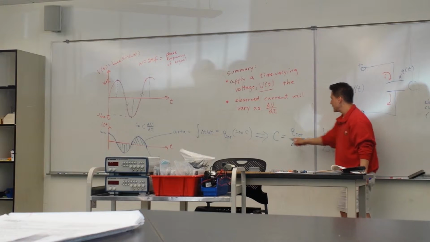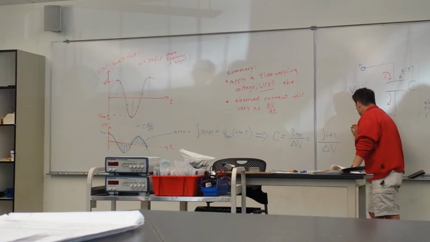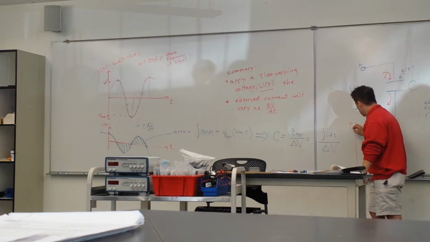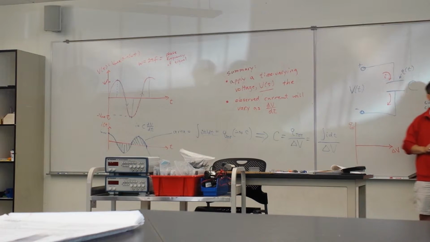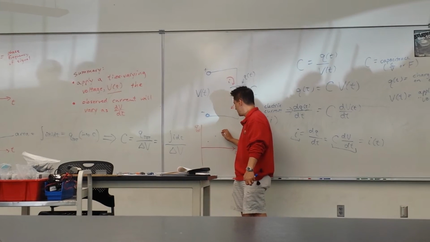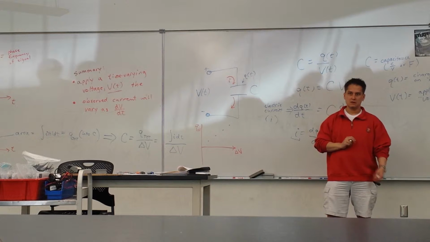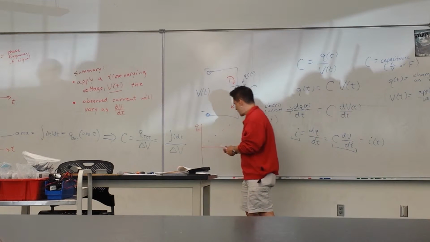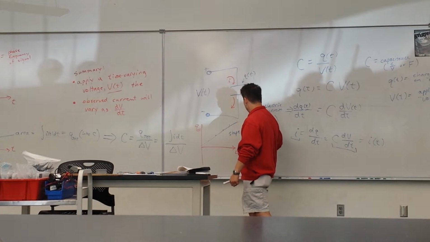To physically calculate C, we're not going to do it with individual points. We're going to graph it and plot Q as a function of delta V. And hopefully, we'll get something that has some semblance of a linear relationship, the slope of which, from Logger Pro, should be equal to the capacitance.